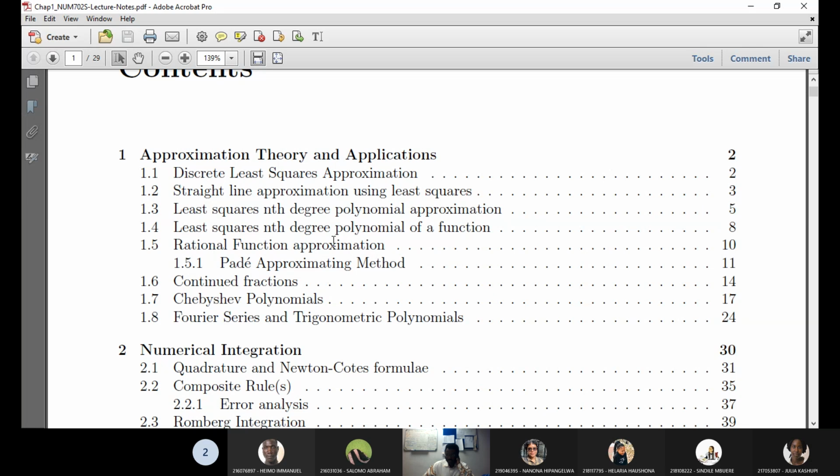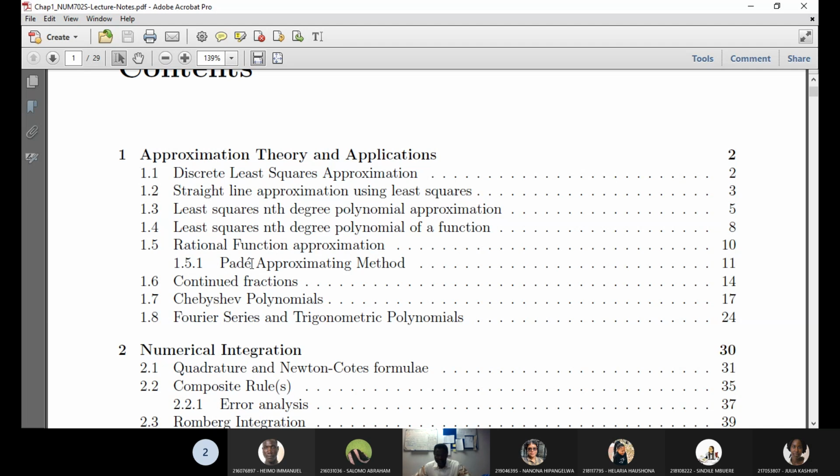With rational function approximation, the advantage here is also the error minimization, because if you contrast it to polynomial interpolation, here you have the ratio of two polynomials. A rational function is a ratio of two polynomials.